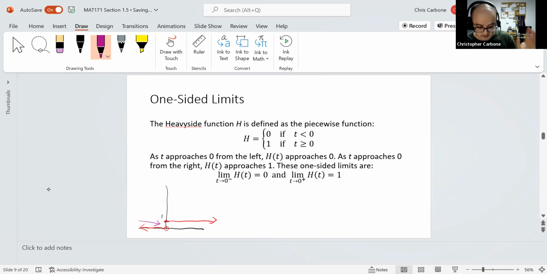So the limit as t approaches 0 from the left, which is what this negative here means, we get a value of 0. Similar to that, if we approach 0 from the right, we get ourselves a value of 1. So the limit as t approaches 0 from the right, our function would be 1.